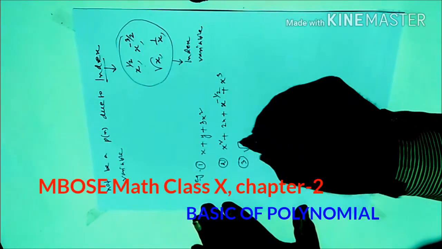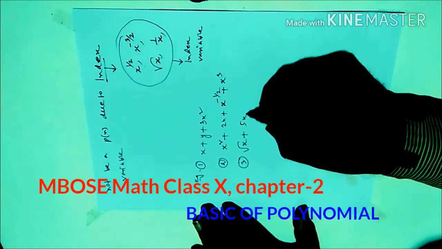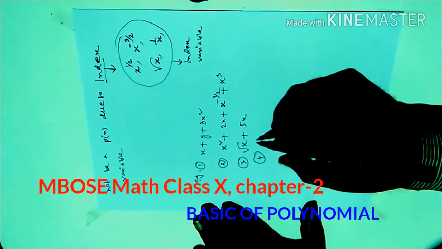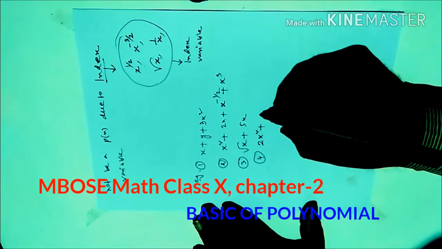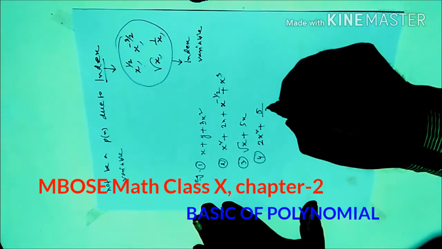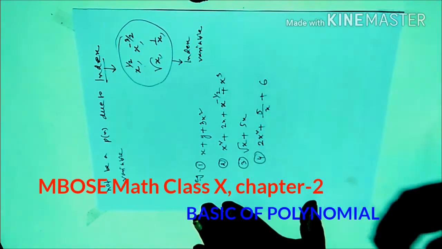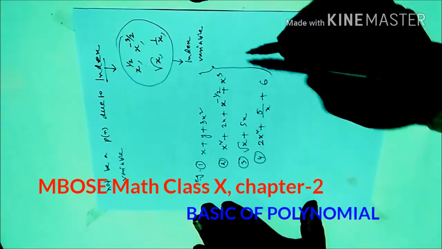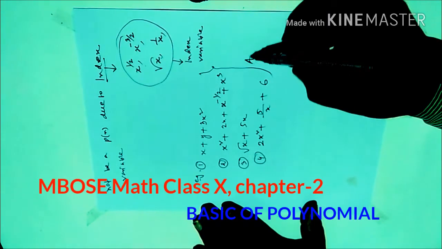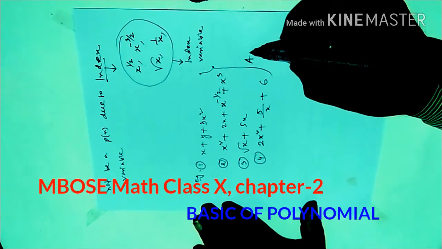You can say here root x plus 5x. Suppose one more I will give you: 2x square plus 5 by x plus 6. So whatever you write, all will be algebraic expressions. A means algebraic expression, short form I am giving.